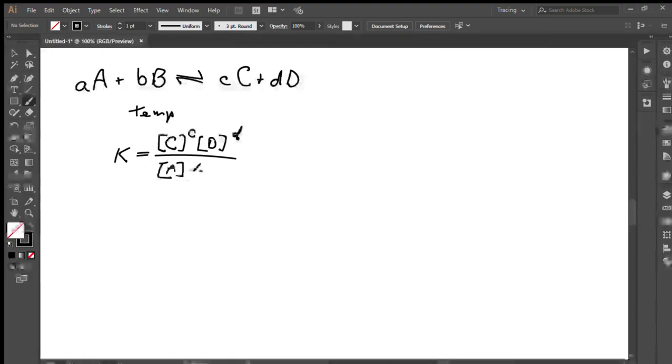I'm still getting used to this stylus, so hopefully my writing will get better as we go. So basically we've got your products divided by your reactants, your concentrations taken to the exponent of these stoichiometric coefficients. That is the equilibrium constant. We're going to use this quite a bit this module.